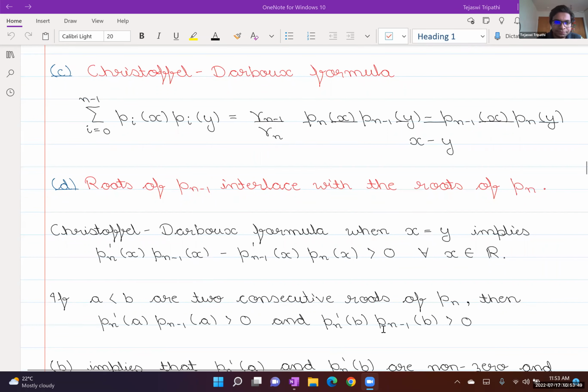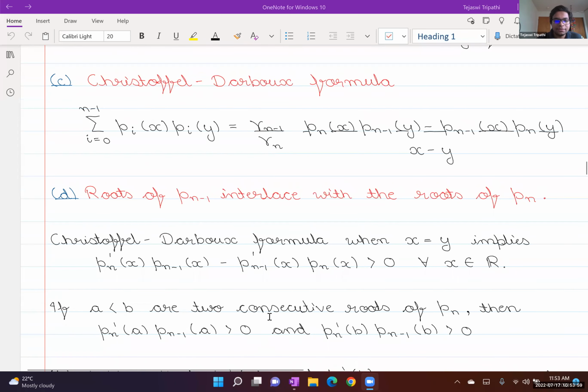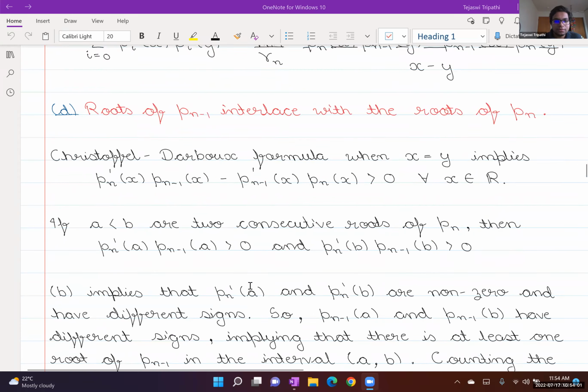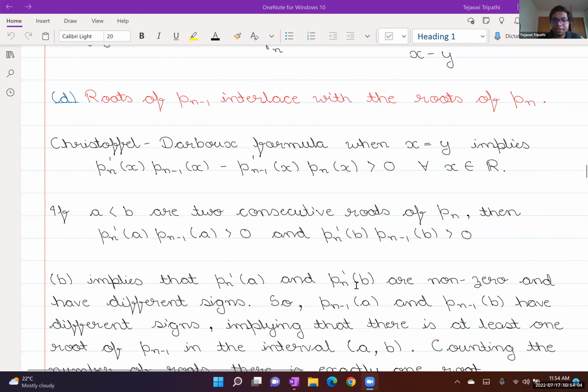What can you say about the signs of Pn prime(a) and Pn prime(b)? Since there are n simple roots, we can say that the signs are different. Of course they are non-zero, and they have different signs. That implies that Pn minus 1(a) and Pn minus 1(b) have different signs.